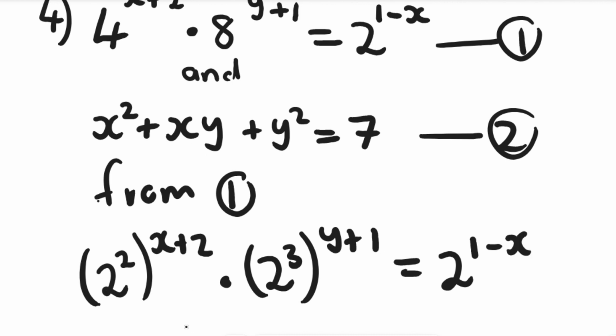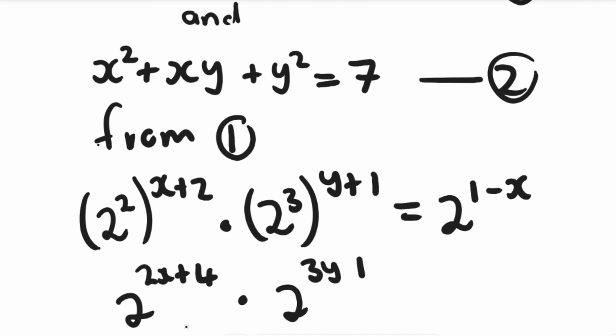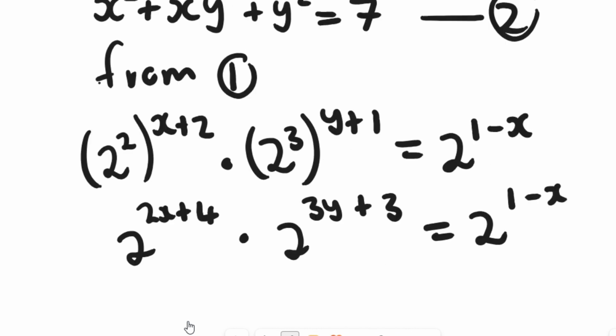That one we can leave as it is. And then here we multiply this 2 with everything that is outside, and we multiply this 3 with everything that is outside, okay? So we have 2 to the power of 2x plus 4 multiplied by 2 to the power of 3y plus 3, and this will give us 2 to the power of 1 minus x. On our left hand side, we are multiplying same bases, so we can add the exponents.